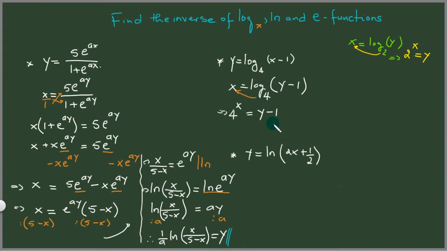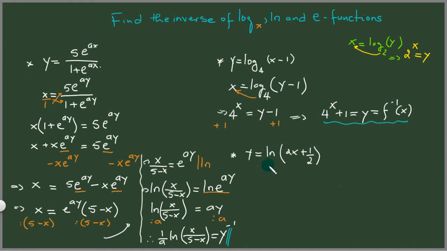And by adding 1 on both sides, this is going to give us 4 to the power x plus 1 equals y, and this is actually our inverse function of x. Well, I forgot to say here, y minus 1. Okay, and this is our end result right here.